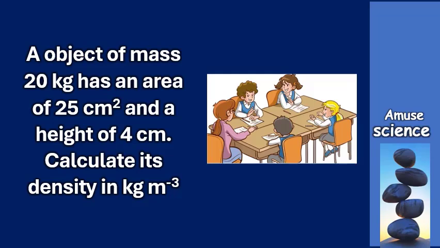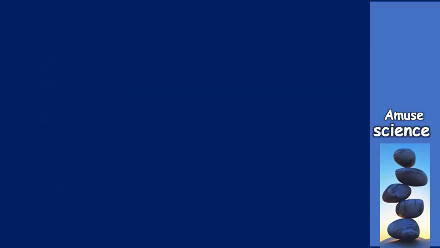Alright, let's see how we are going to solve this question. Let us put the information given in the question down. The first information is the mass of the object, which is 20 kg. The second piece of information is about the volume of the object, but it was not given directly.